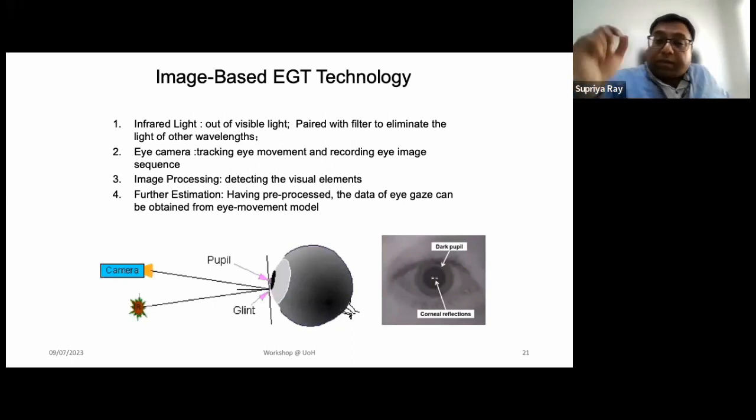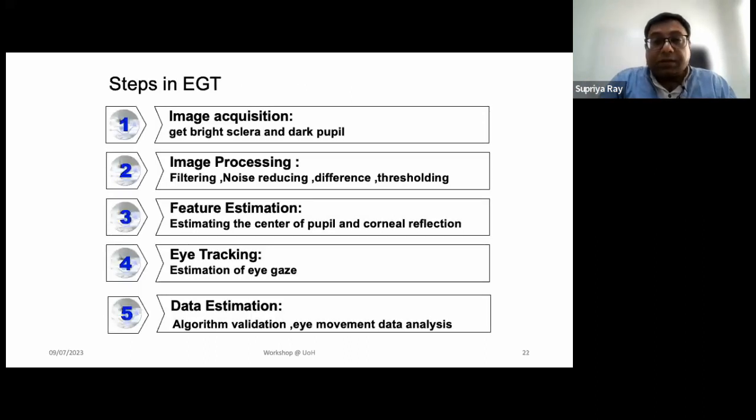So what our eye tracker does, using some image processing software, is isolate the cornea and the pupil from the sclera, that white part, and track the movement of the dark pupil. Can I go to the next slide, please?